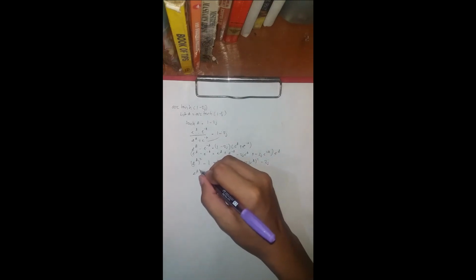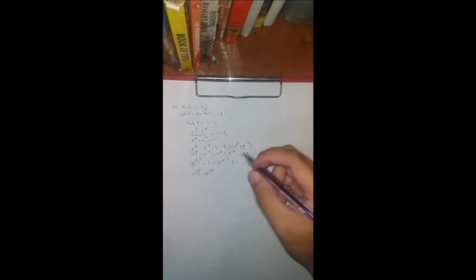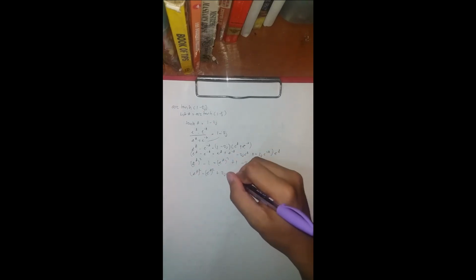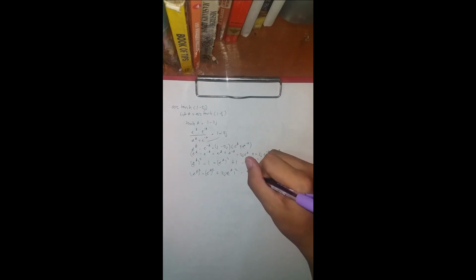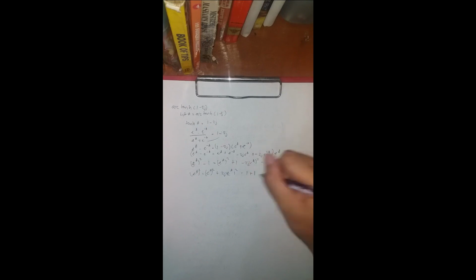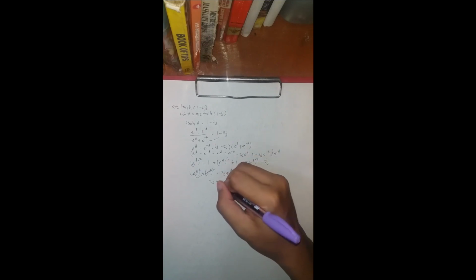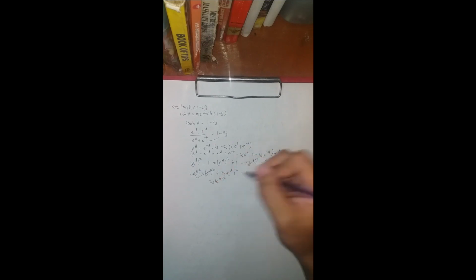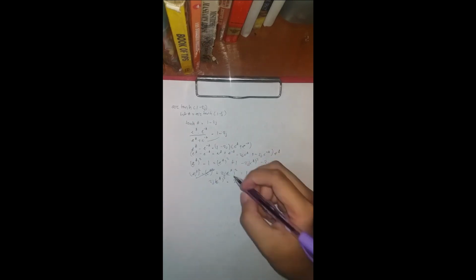So e raised to a squared minus e raised to a squared plus 2j e raised to a squared equals 1 plus 1 minus 2j. So this will be 0, and what is left is 2j e raised to a squared equals 2 minus 2j.